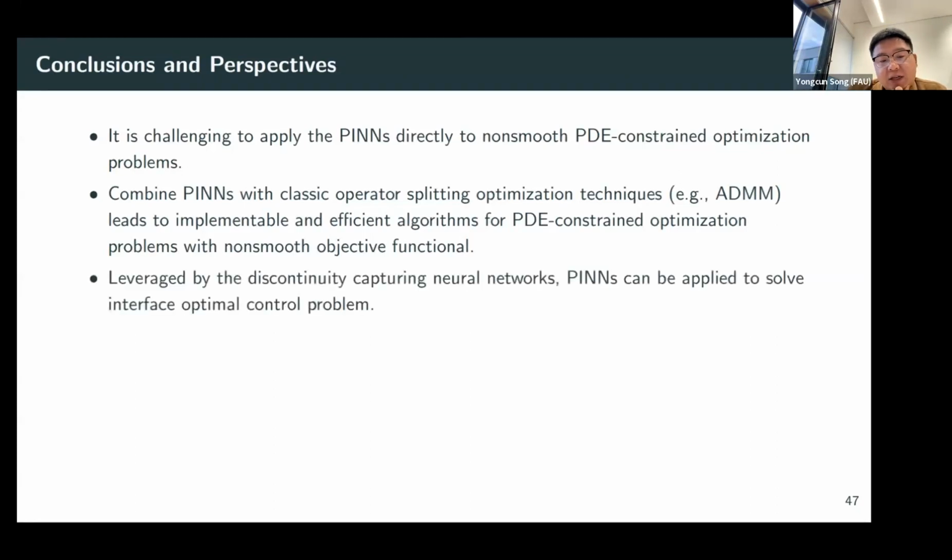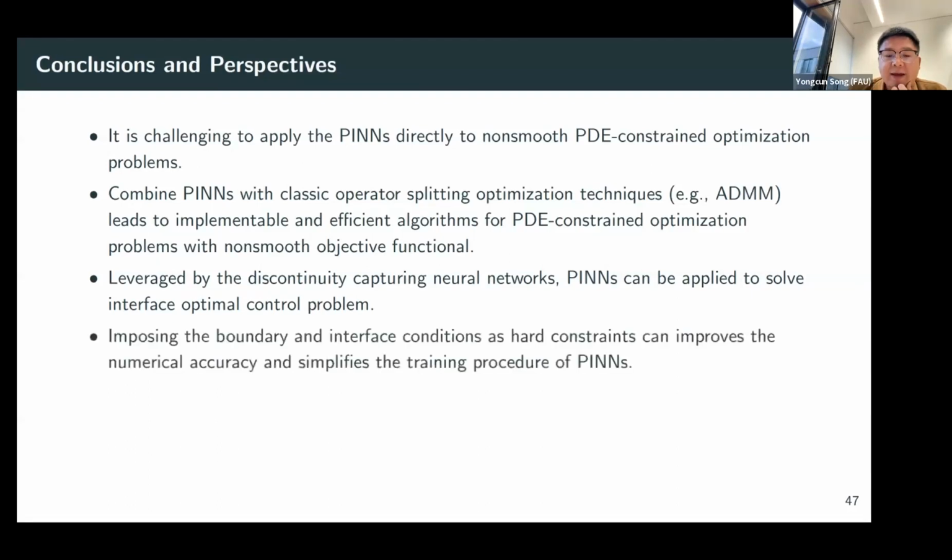Leveraged by the discontinuity capturing neural networks, PINNs can be applied to solve interface optimal control problems. And then by imposing the boundary and interface conditions as hard constraints, we further improve the numerical accuracy and simplify the training procedure.